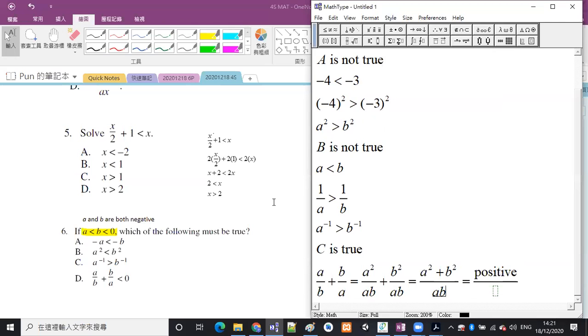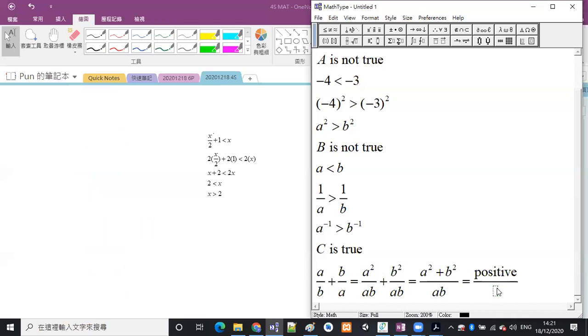We know that A itself is negative, B itself is negative, and the product of two negative numbers should be positive, right? So the denominator is also positive, which means that the result of this fraction should be a positive number. That is, this fraction is larger than 0.